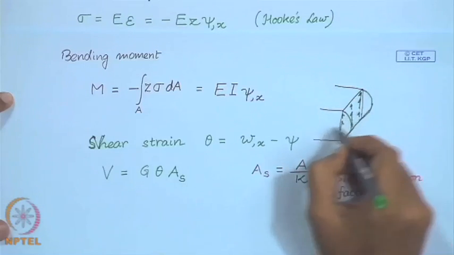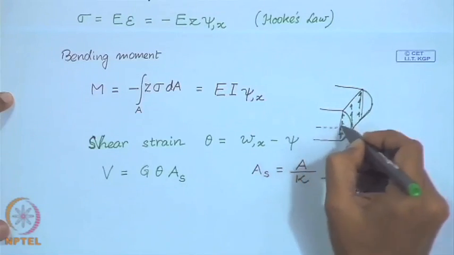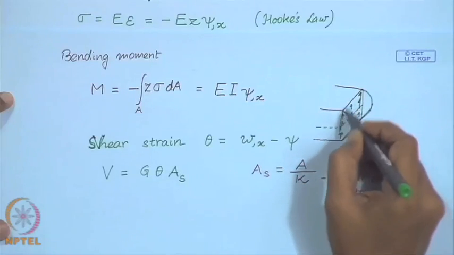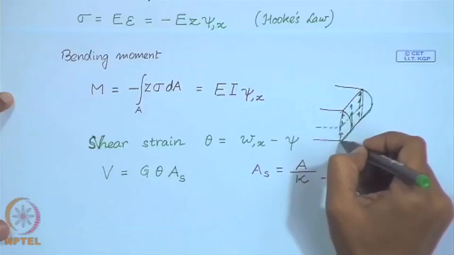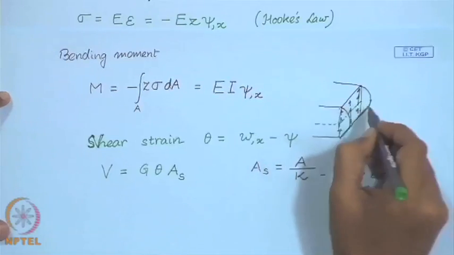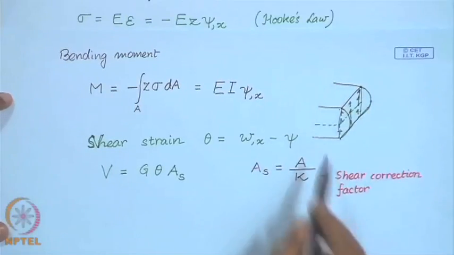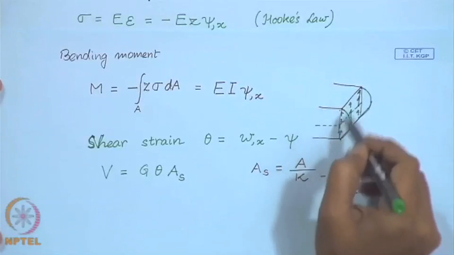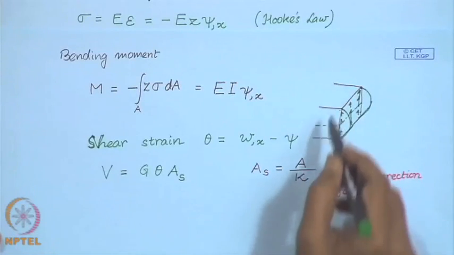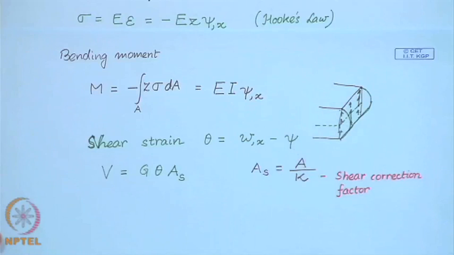It is maximum at the neutral fiber and reduces and goes to 0 at the top and bottom fibers, because there is no shear stress on the top surface and the bottom surface.